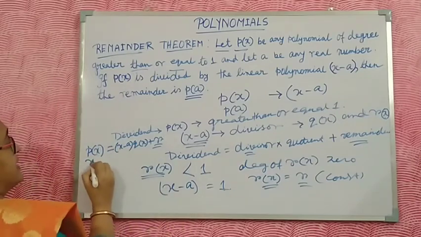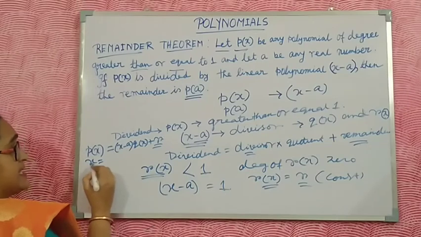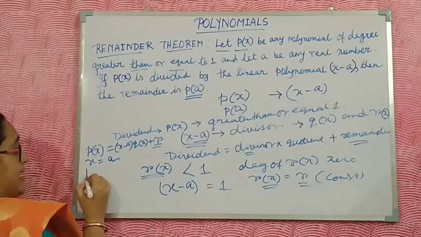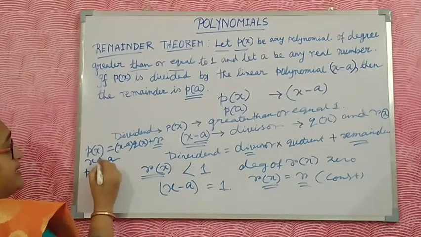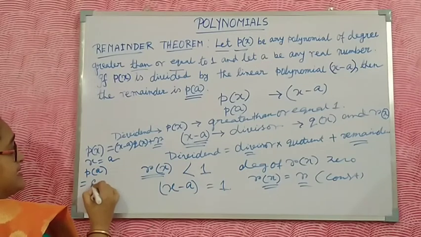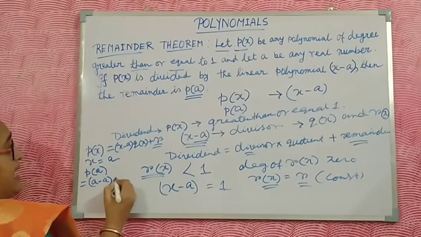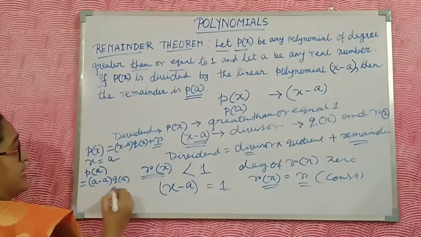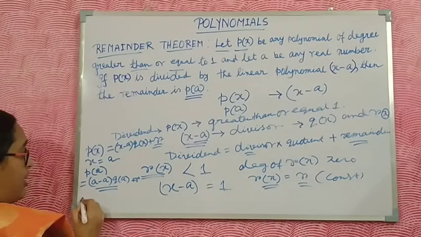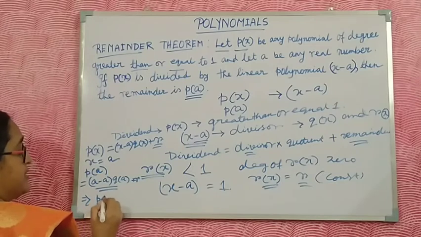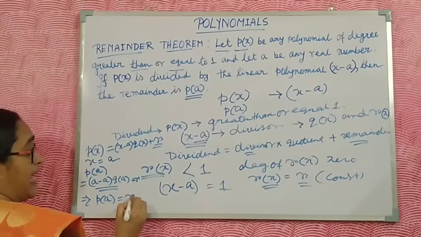When I put x is equal to a, in a particular case, then P(a) is a minus a into Q(a) plus r. Here this portion is 0. Now P(a) is equal to r.